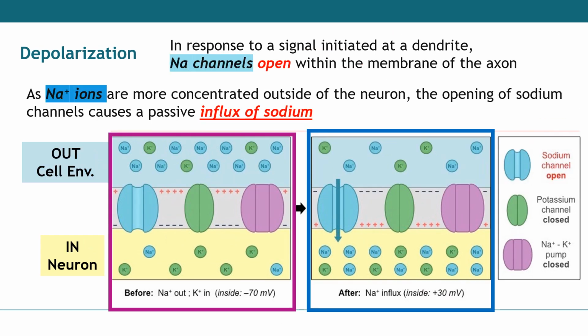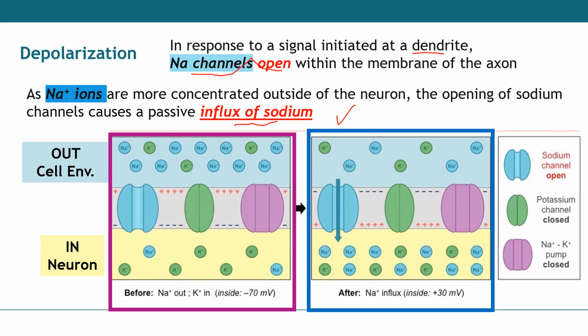I also talked about the influx of sodium, and this influx of sodium occurred because in the dendrites there was a signal that said open the sodium channel within the membrane of the axons, and you have all these processes taking place.